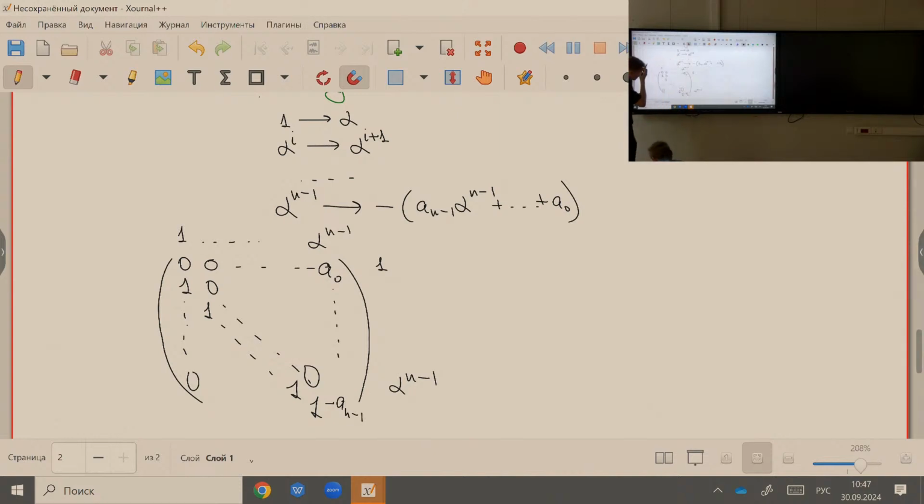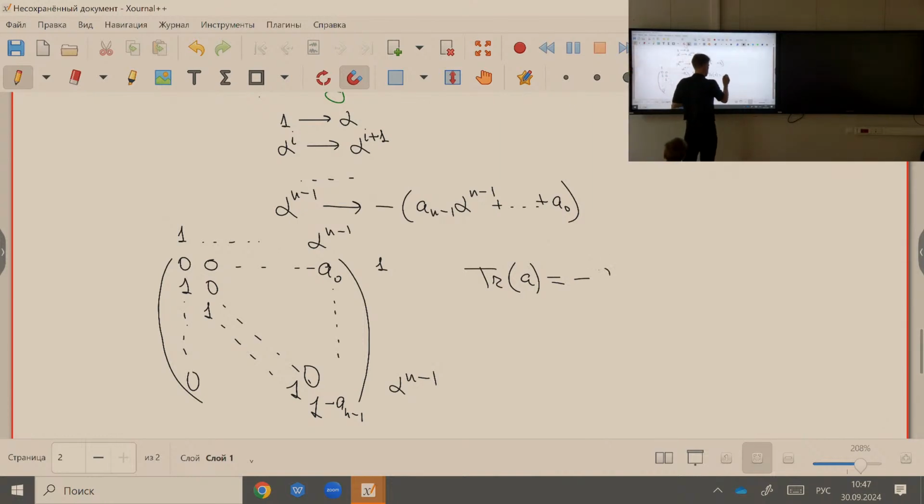So you see that the trace of A is equal to what? Minus a_(n-1), since all diagonal elements are zero except this one.